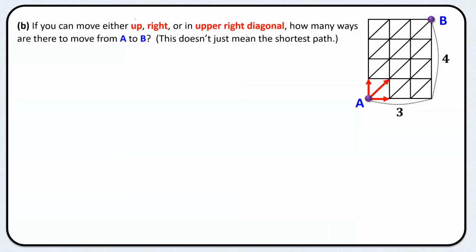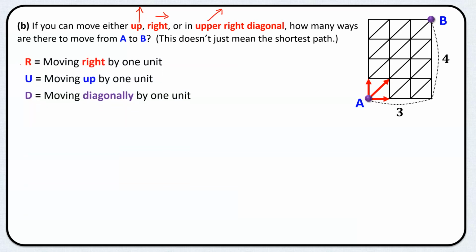Let's move on to the next problem, where up, right, and upper right diagonal directions are allowed. Just like the previous problem, let us use letters to denote directions: R for right, U for up, and additionally, D for diagonal.